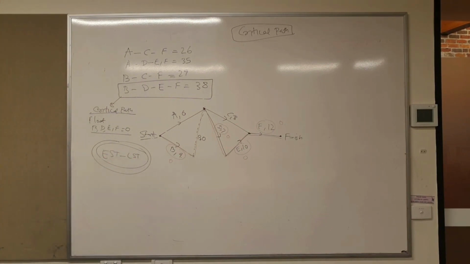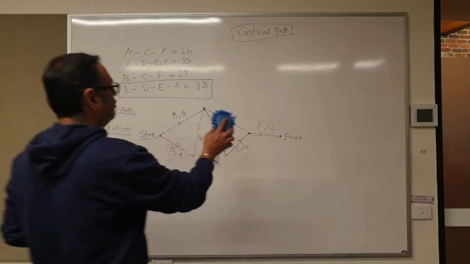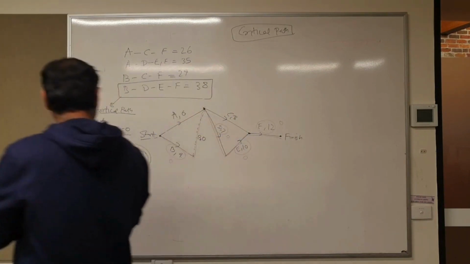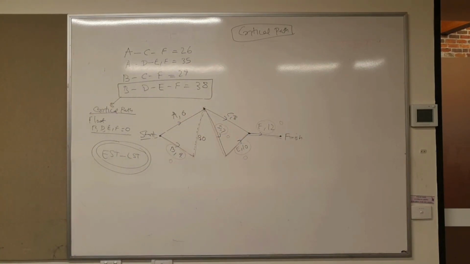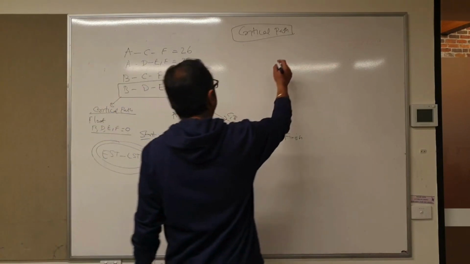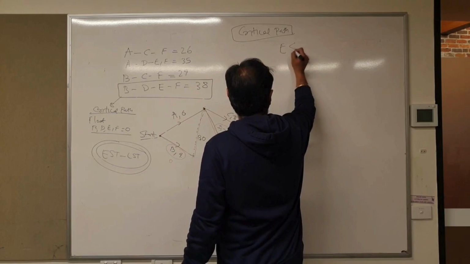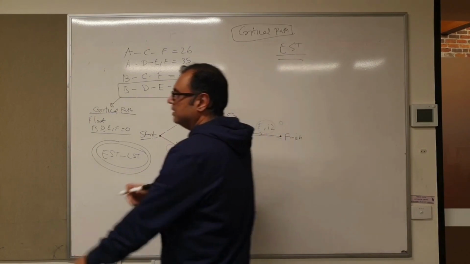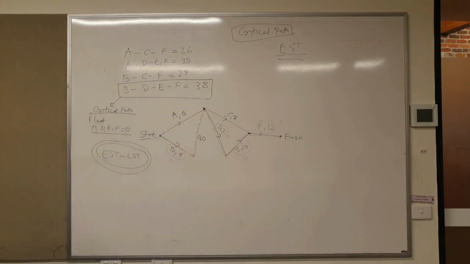So I'll take some stuff off the board and explain how your LST EST works. So probably I think I can work it out with this. Now, EST is the earliest start time.